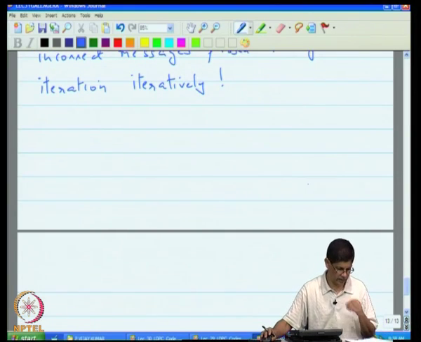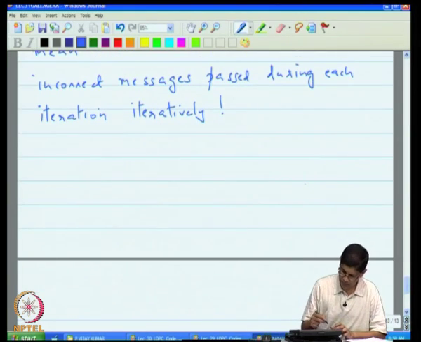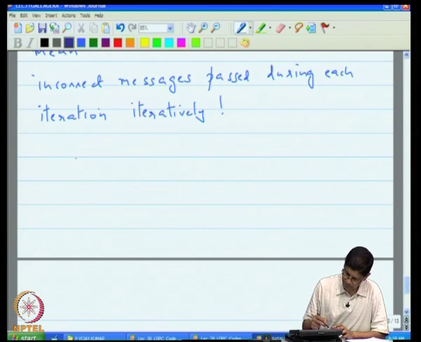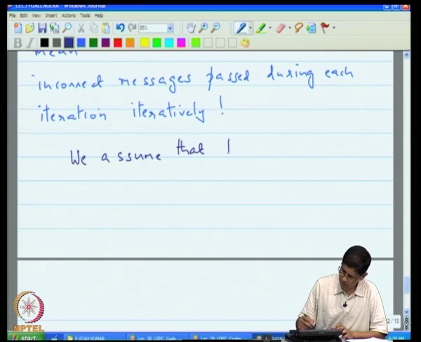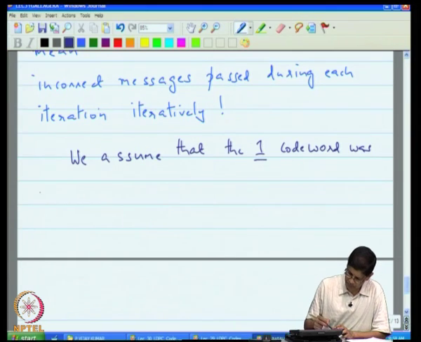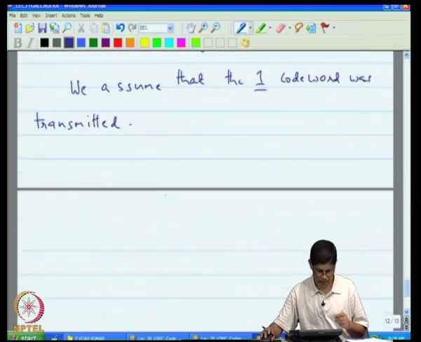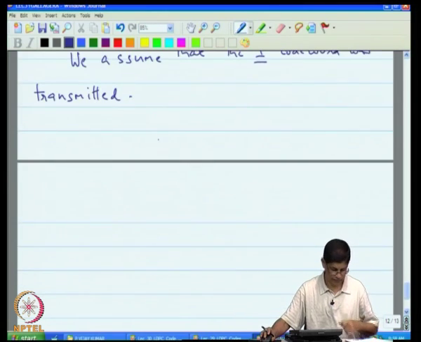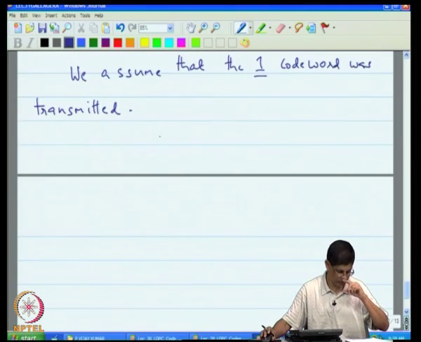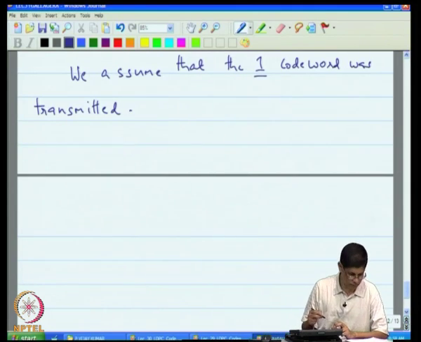So, to do that, recall our assumption, we assume that the all one code word was transmitted. And we will introduce some symbols now.